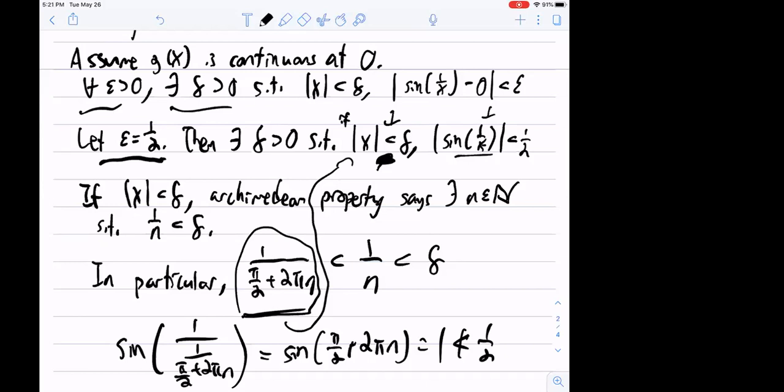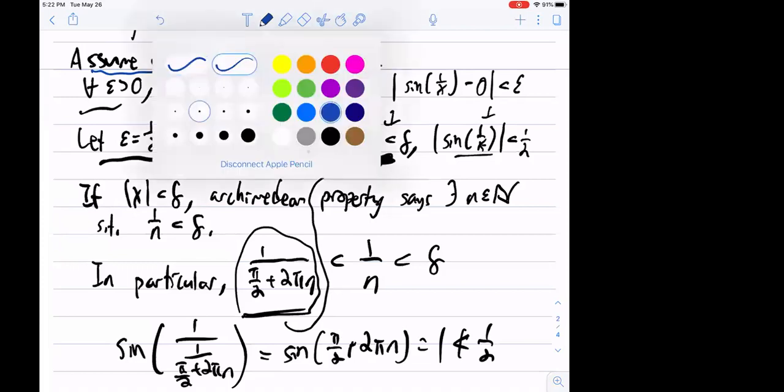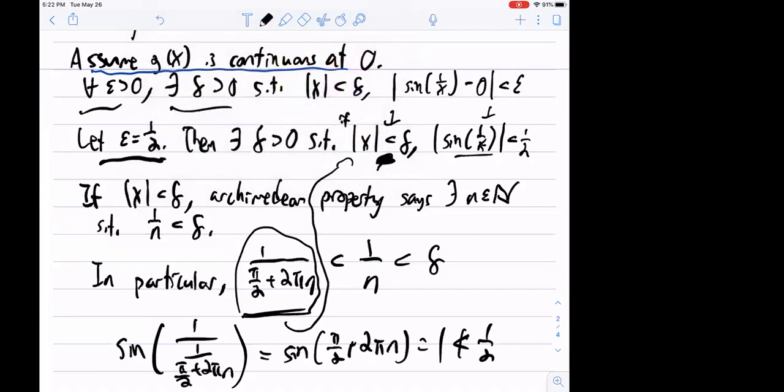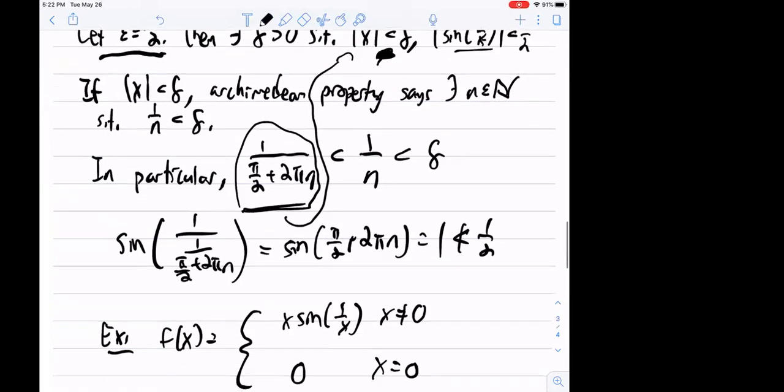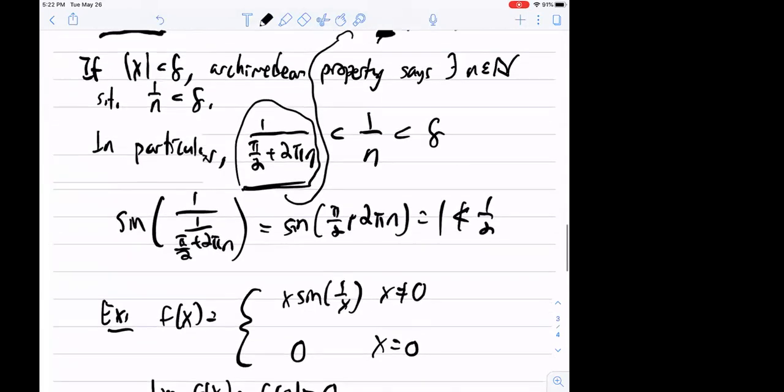I don't know what the delta is, but since I assumed it was continuous, I know there is a delta. That's all I need. I just need that some delta exists. Okay. Any other questions?